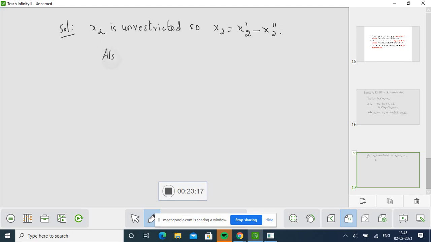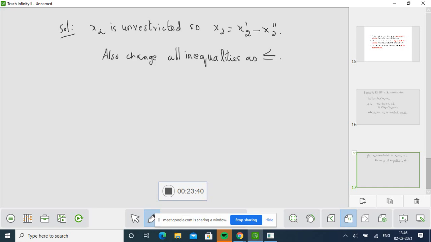Also change all inequalities to less than or equal to. So now how are we going to do this?